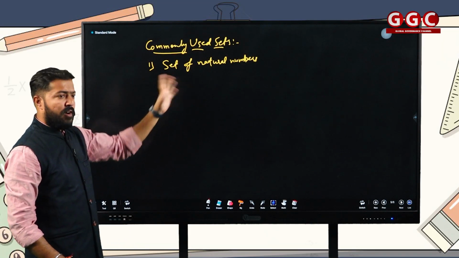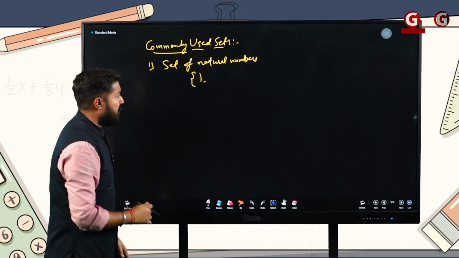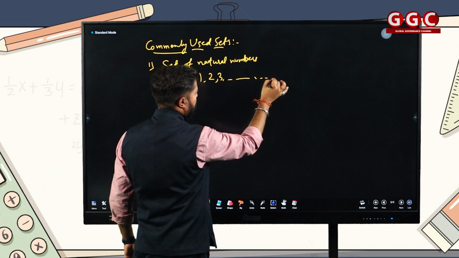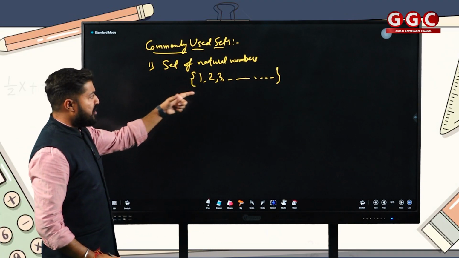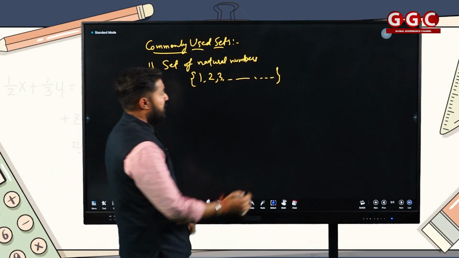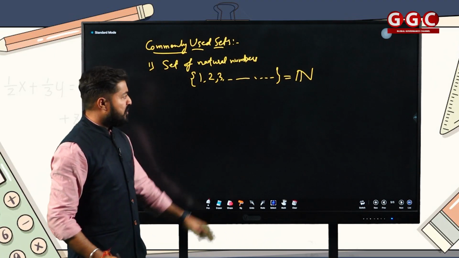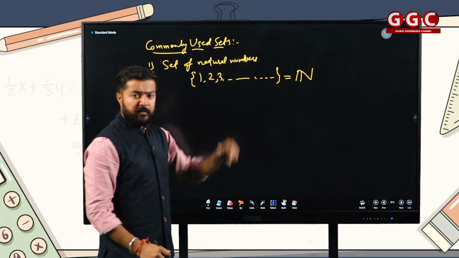That means this forms a set, and this set will be like this. It will start from 1, next will be 2, 3 and so on. It will go on up to infinity. Now the representation of this set is standard, and we write it as capital N like this. So this is the standard notation for the set of natural numbers, capital N.